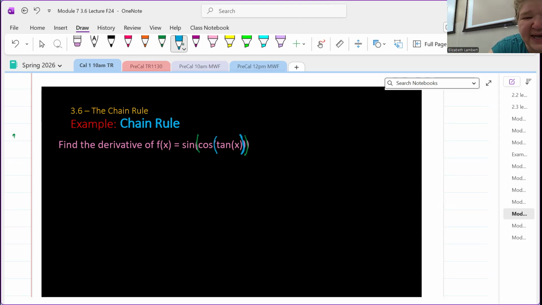So when we're looking at this structurally, the parentheses very nicely indicate outside versus inside to us. So when we go to do the derivative here, f prime of x, the first thing we do is the derivative of the outside, but keep the inside the same. So the derivative of sine of ugly is cosine of ugly.